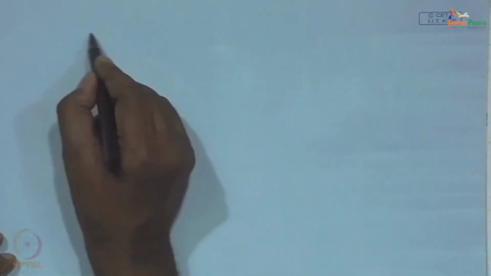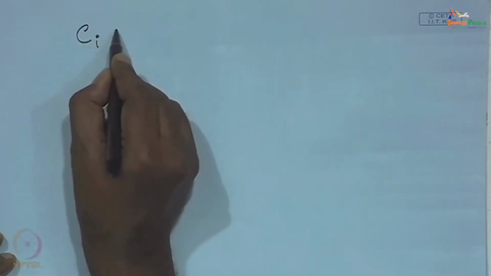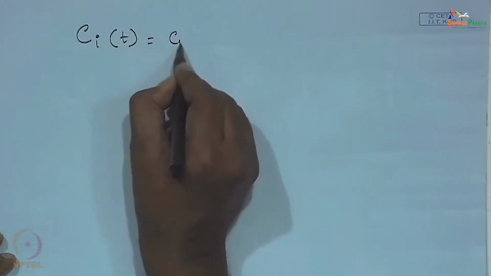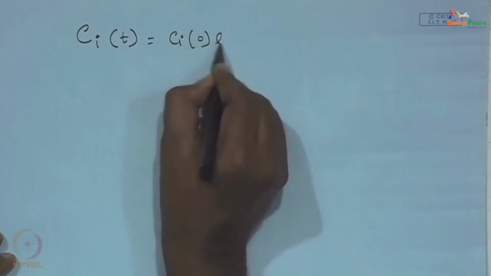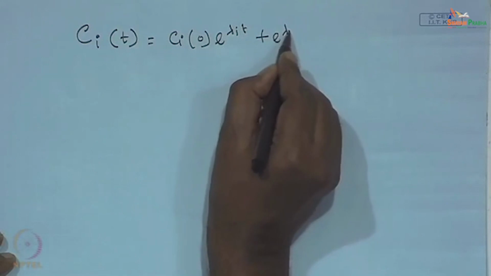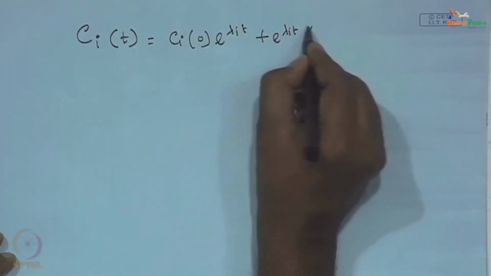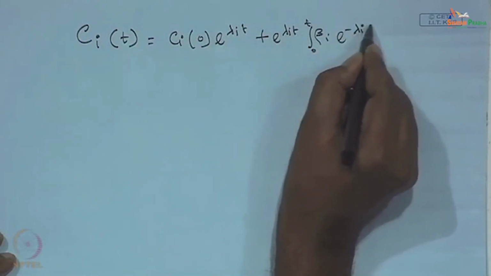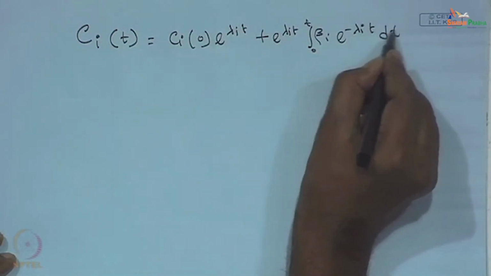If you look into the complete solution, we wrote c_i(t) is equal to c_i naught e to the power lambda_i t plus e to the power lambda_i t times the integral from 0 to t of beta_i e to the power minus lambda_i t dt.